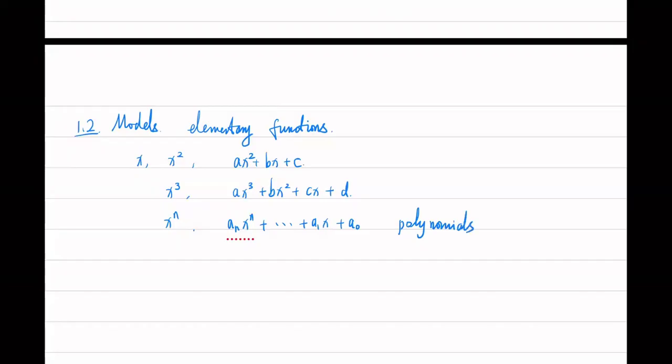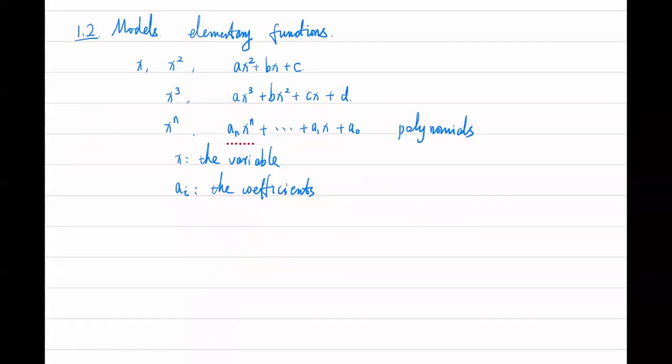And this x is the variable. And these a_i, a1, a0, a2, are the coefficients. Okay. Slightly more general is the power function. Here a is a fixed number.